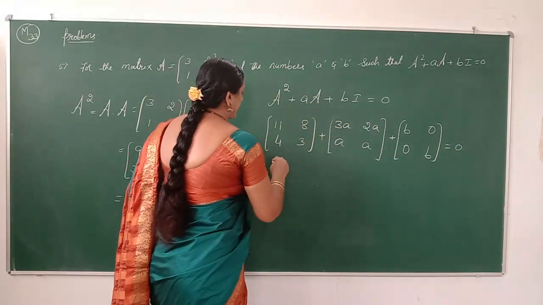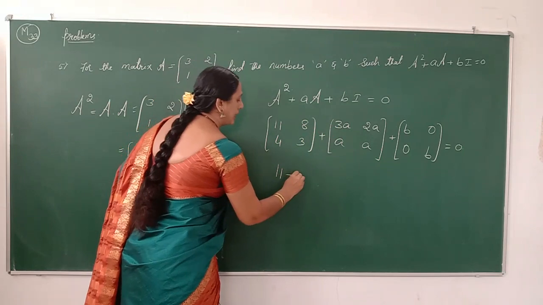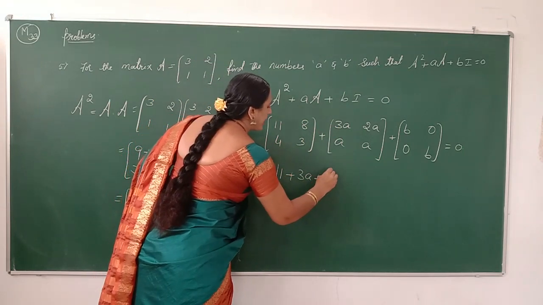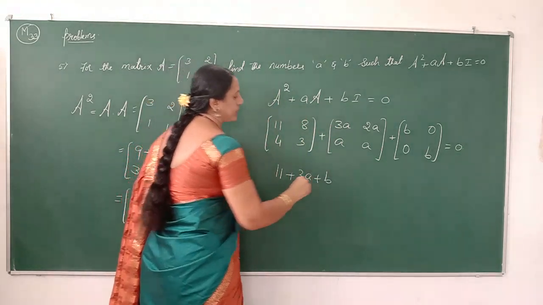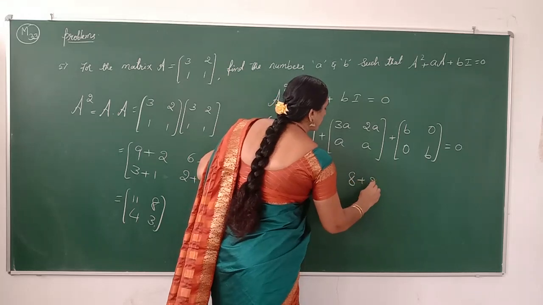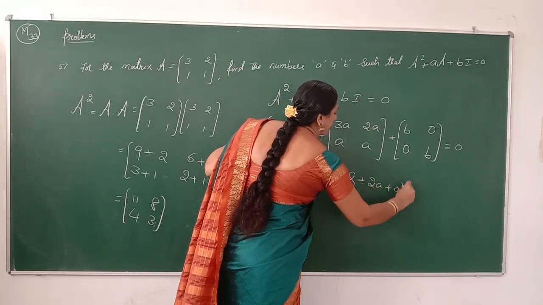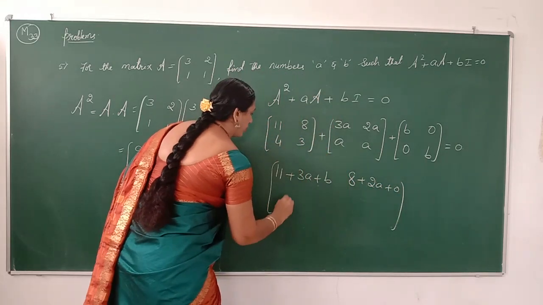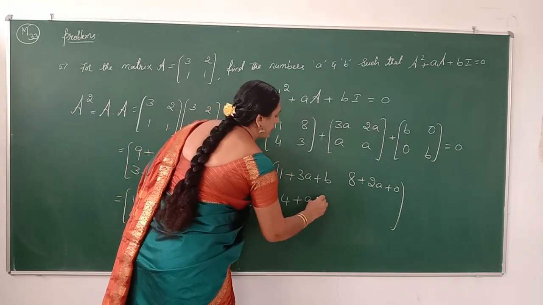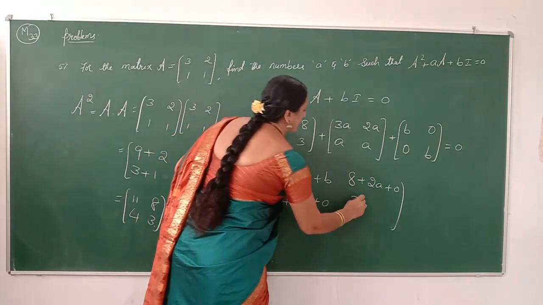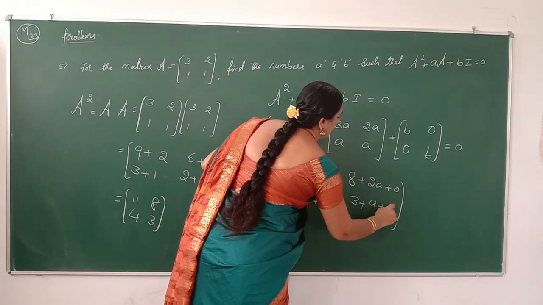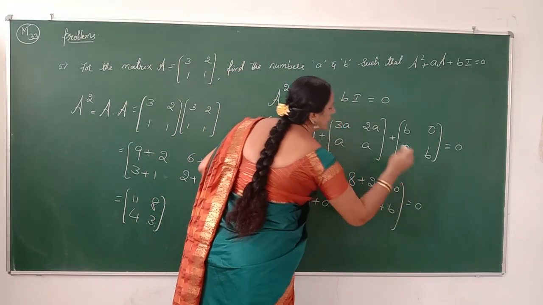Now adding their corresponding elements: 11 plus 3a plus b. Second elements are 8 plus 2a plus 0. Second row 4 plus a plus 0, 3 plus a plus b is equal to 0.